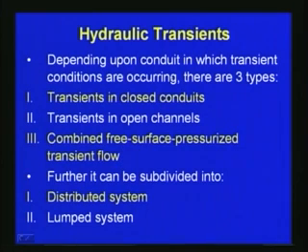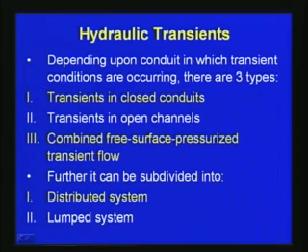So, we can classify the hydraulic transients with respect to what kind of system we are dealing with: closed systems, open systems, or combined free surface and pressurized transient flow systems.